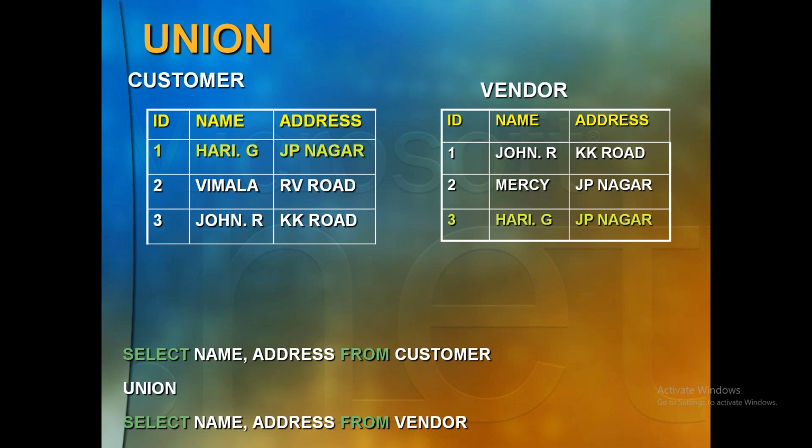Clear? So union is something different than the join. Join will always get matching data. Here there is no matching. Whether it is a 1 or a 10 or a 20, 30, it may be 1, 2, 3, doesn't matter. You should be able to unionize the data with the help of the union keyword.